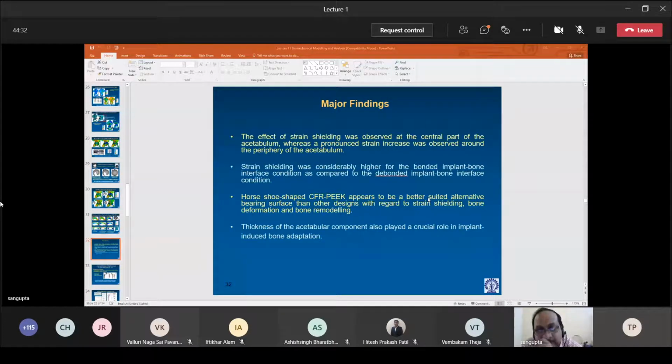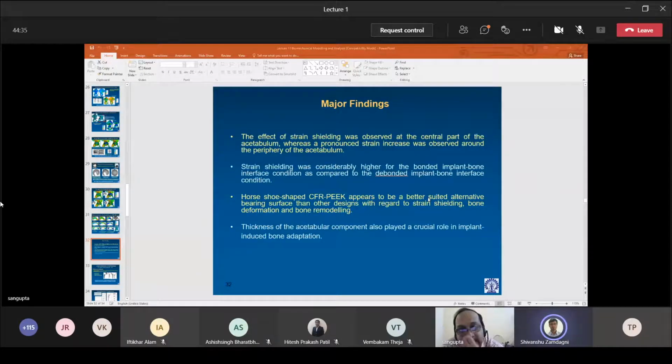Sir, I have a question. When we are comparing the actual results and the implanted results... Actual means measurement. One is FE predicted, another is measured. So yes, we are developing the FE model of the same condition as prevalent in the experiment.